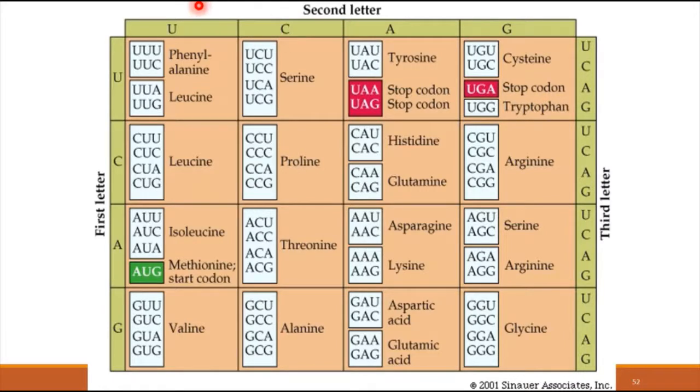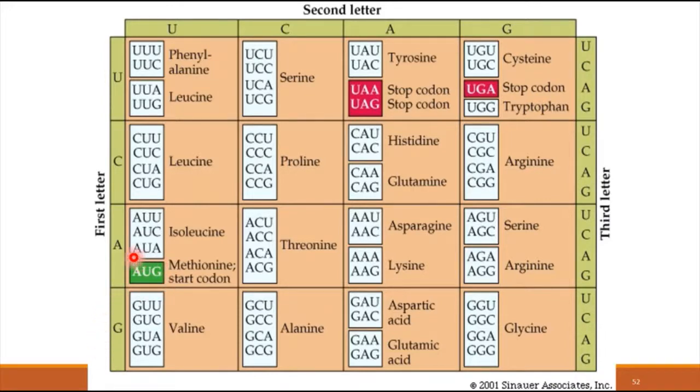So if the first letter is an A and the second letter is a C, then you would look down here for the first letter being A, and then you would come over to the column where the second letter is a C. And then the third letter is represented on this side here, but usually I find it's easy enough to go based on the first letter and the second letter, and you can find what codon it is you're looking for.